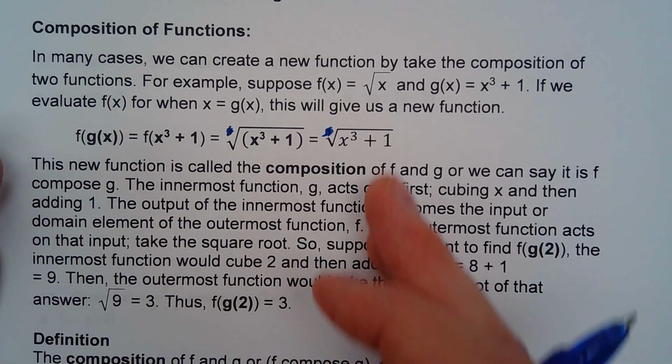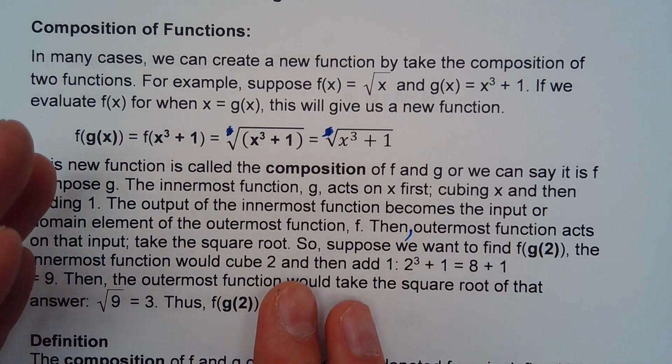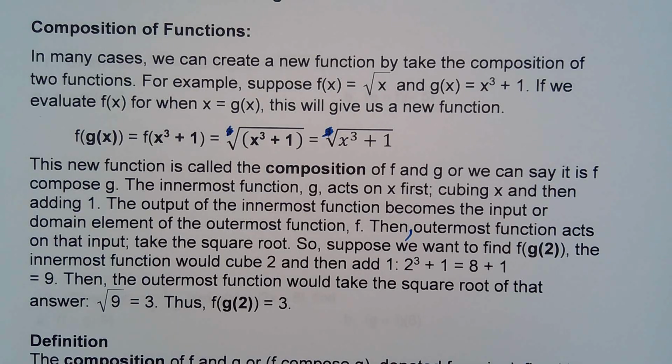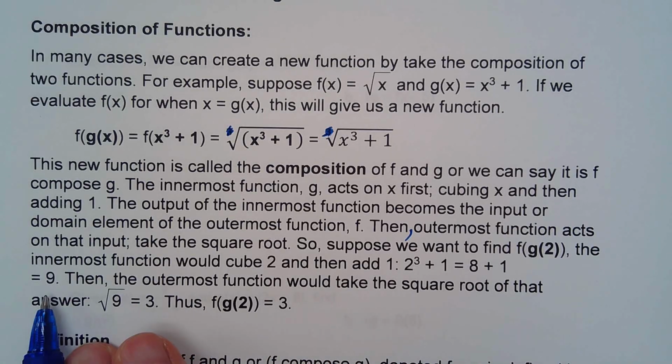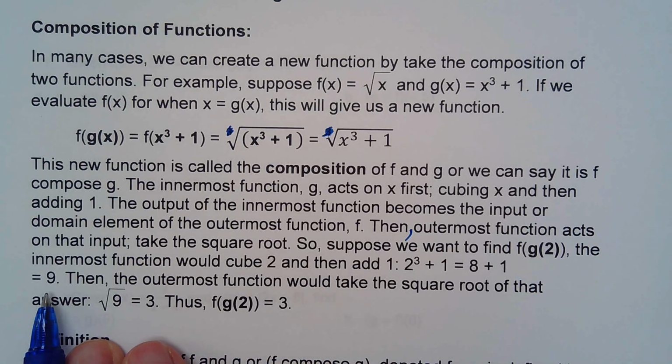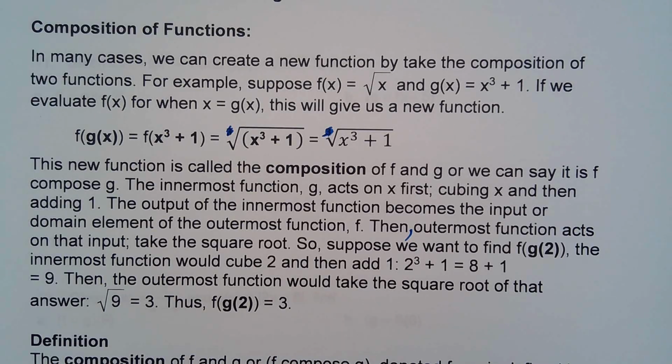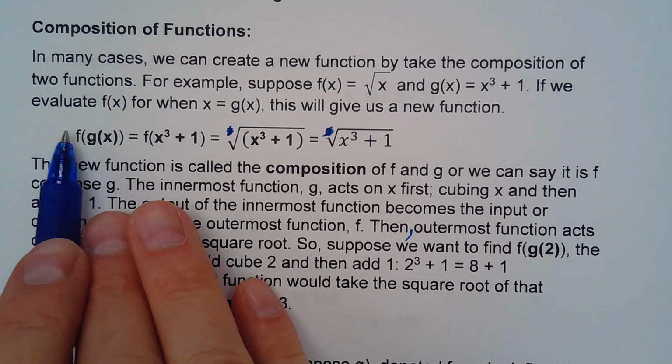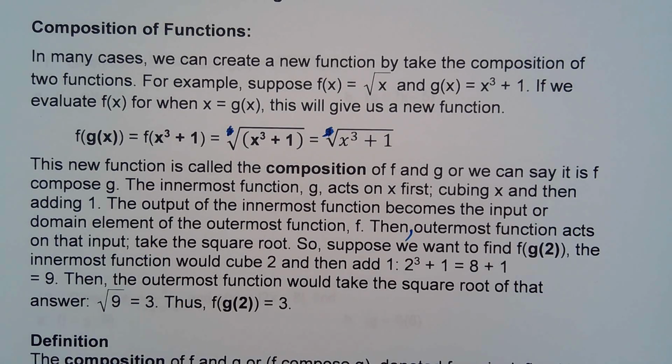The washer washes them, and its output is clean, wet clothes. So that's like how we got 9. There's our clean, wet clothes. I then take those clean, wet clothes and put them in the dryer. That's the outermost function, that's my f. And the dryer's output is dry, clean clothes.